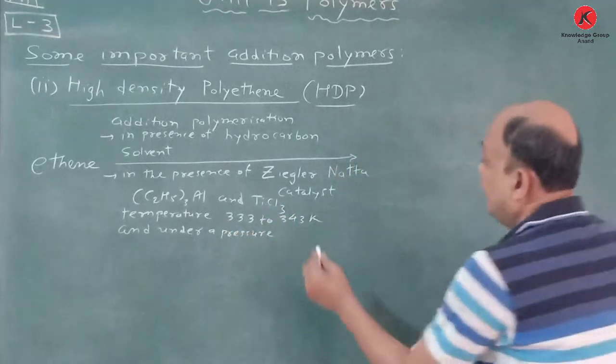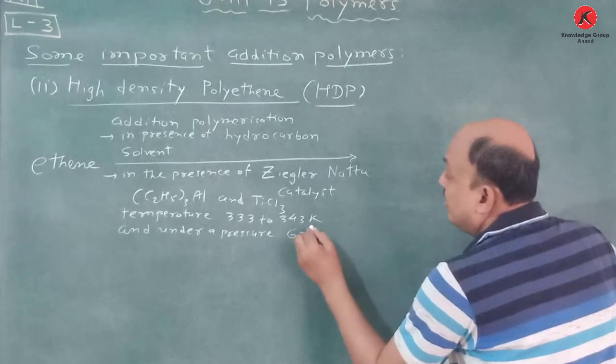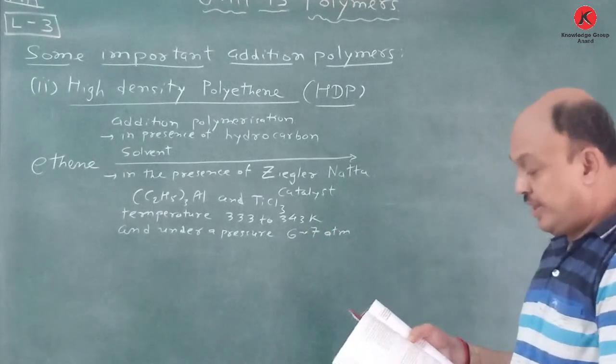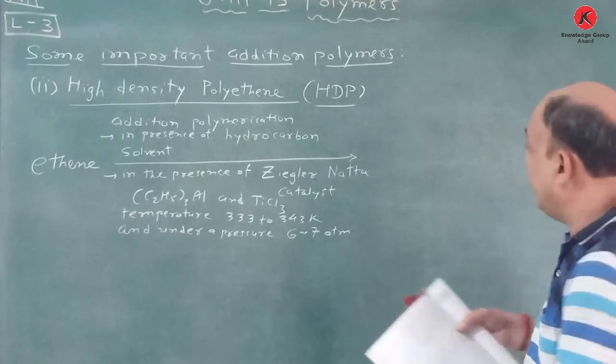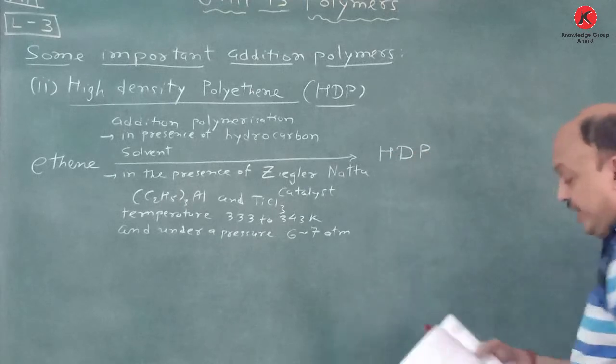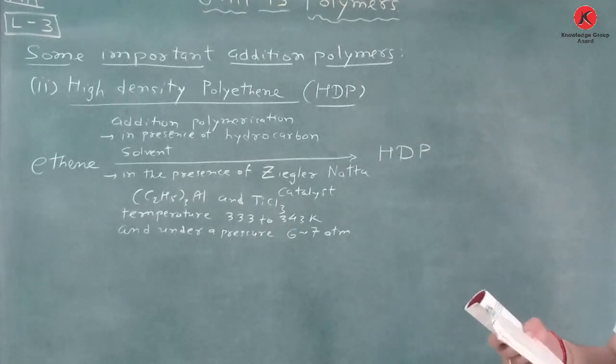Pressure is very low, 6 to 7 atmospheric pressure. Okay, so this high density polythene is obtained, is produced.